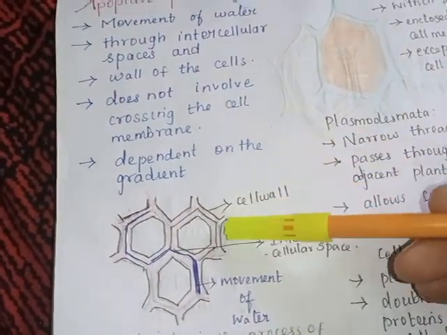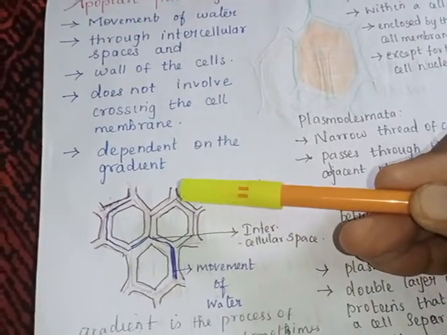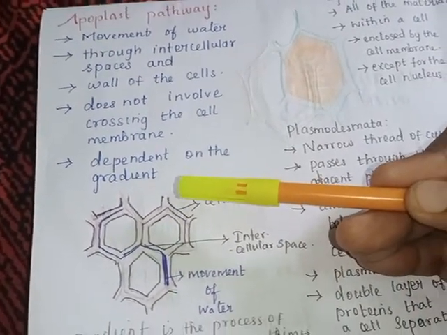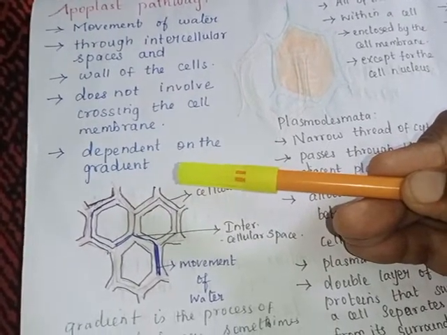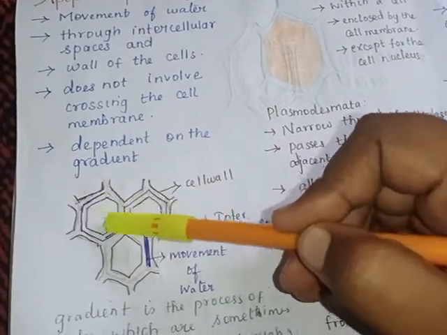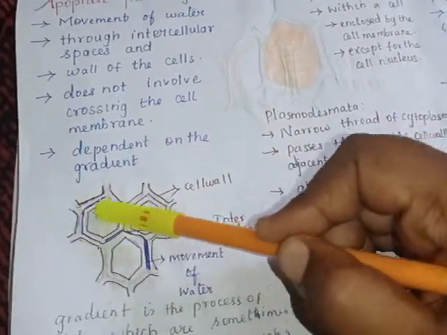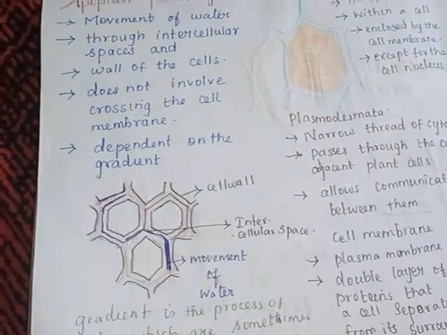This one is a cell wall. It does not involve crossing the cell membrane. This is a cell membrane.